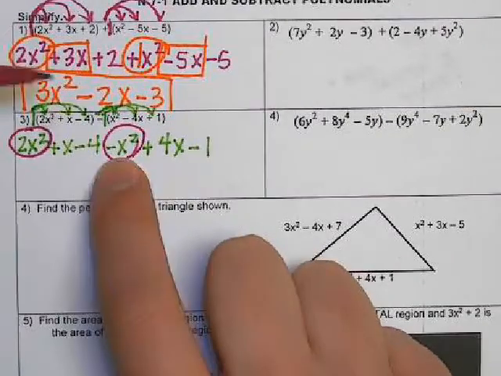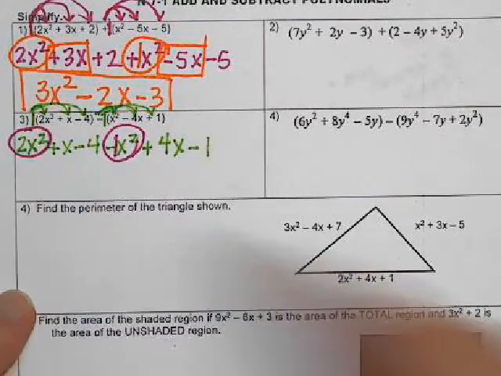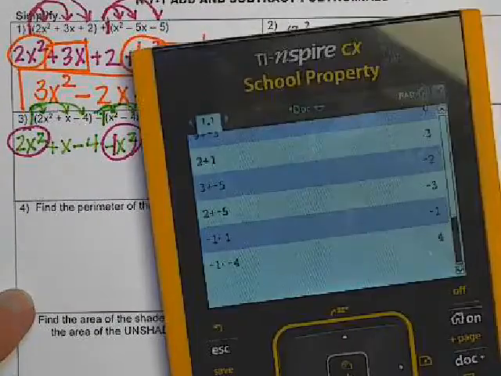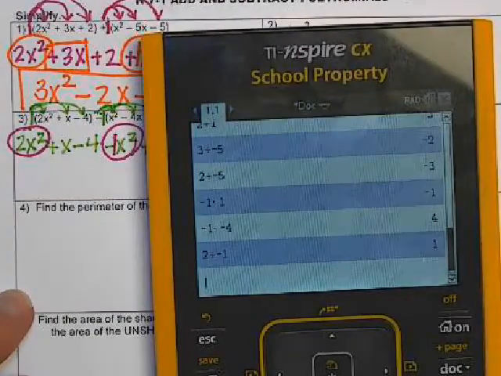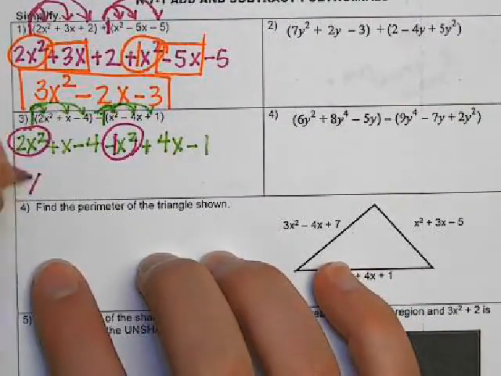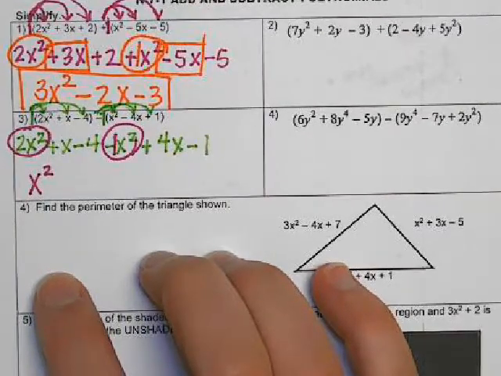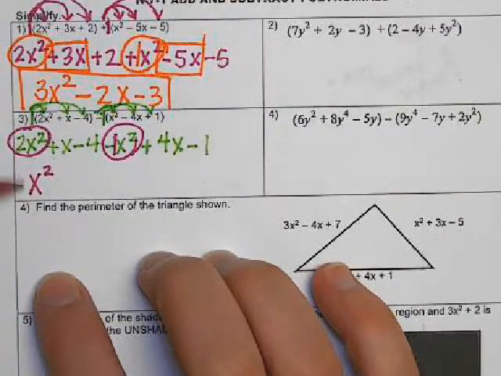So 2 and negative 1, and I'm going to add them. 2 plus negative 1 gives me positive 1. Do I need to write the 1? No. I just need to write x squared. It's 1x squared, but I don't have to write the 1.